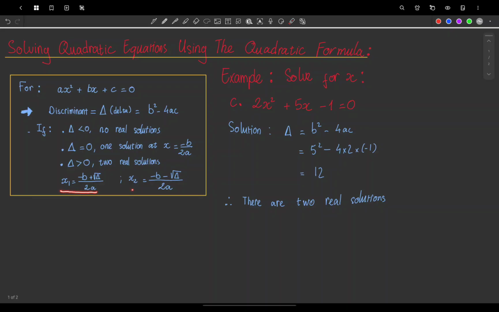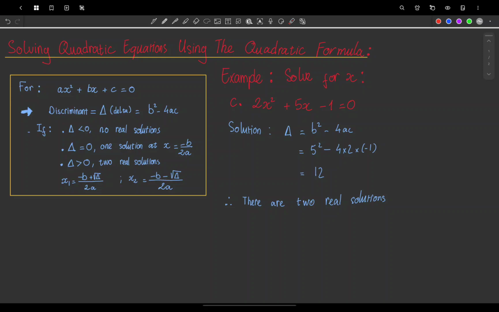We've got two x values. One of them is negative b plus the square root of delta over 2a, and one of them is negative b minus the square root of delta over 2a. The only difference between these two x1 and x2 values is really the plus and the minus between negative b and the square root of delta.